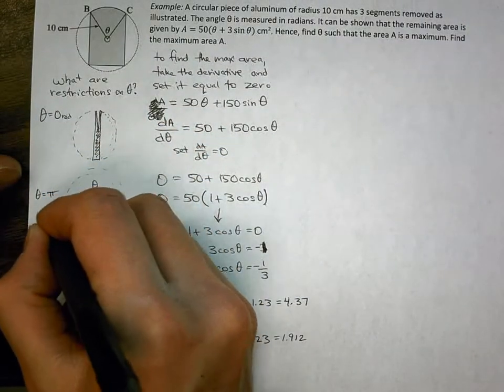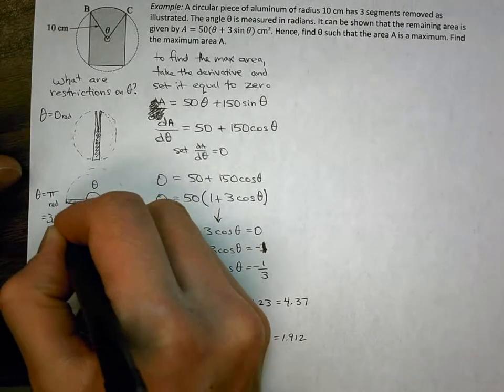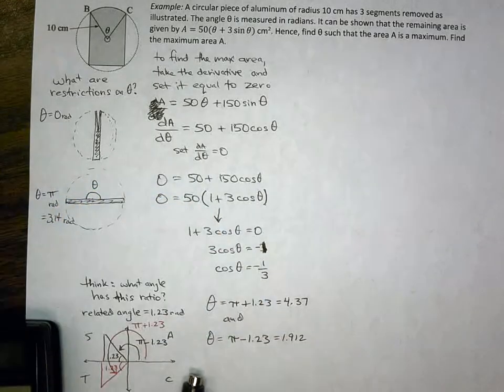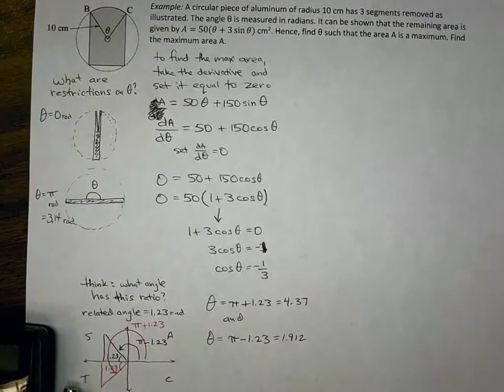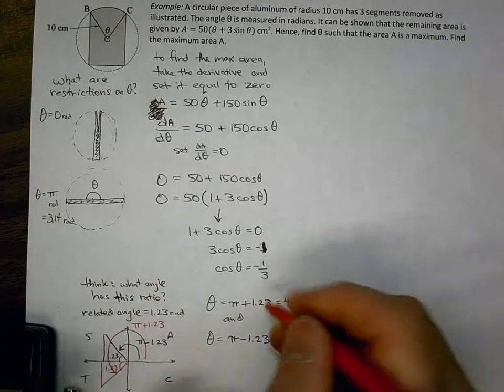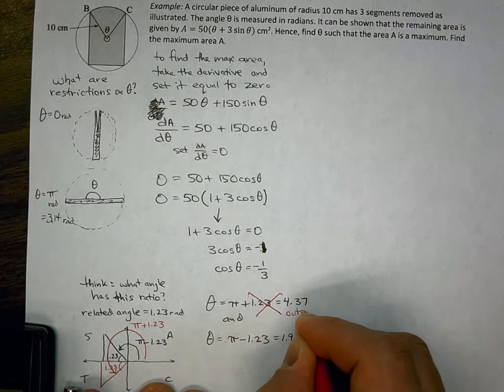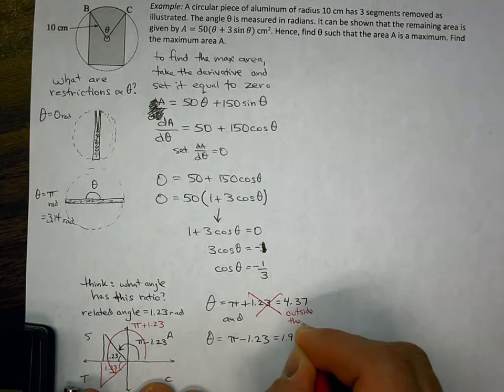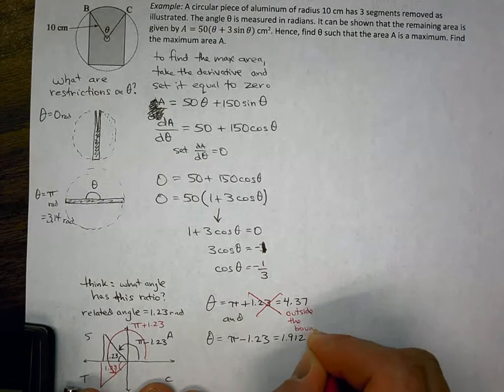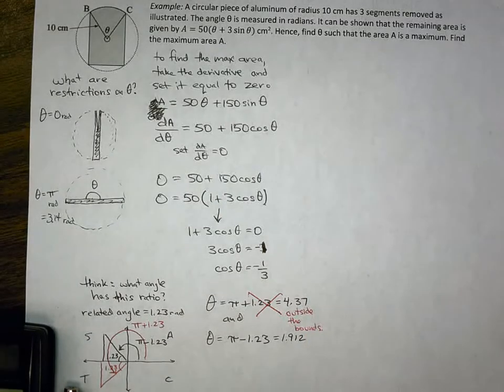Which happens for 3.14 rads. So for this question, I would say that this answer is outside the bounds. And so my solution is pi minus 1.23.